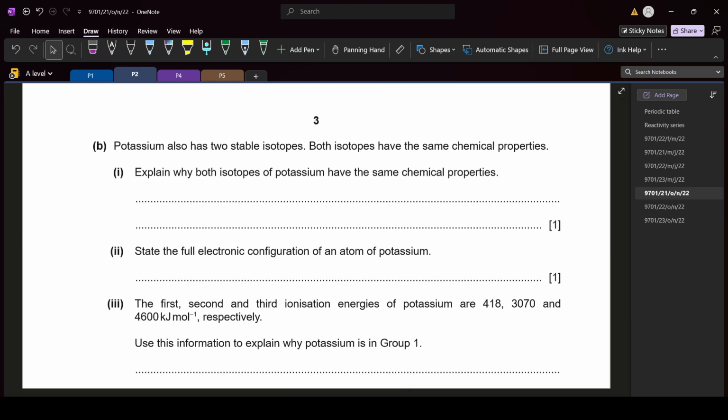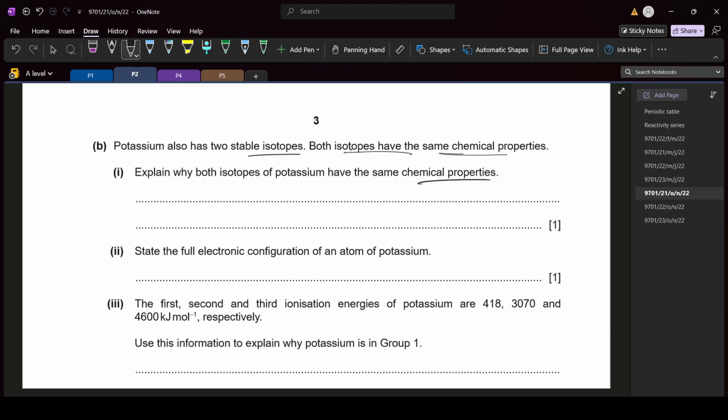Part B. Potassium also has two isotopes. Both isotopes have the same chemical properties. Why do both isotopes of potassium have the same chemical properties? The chemical properties of an atom or element depend on the electrons.